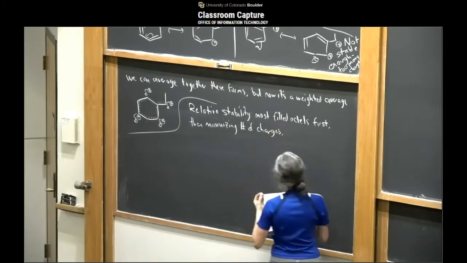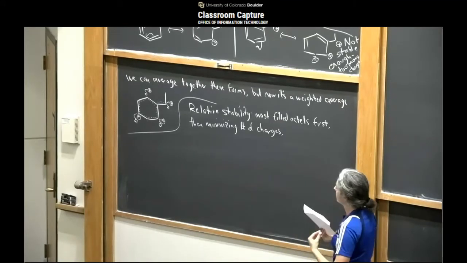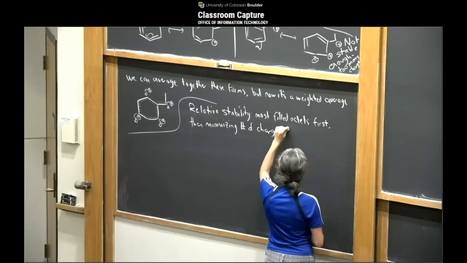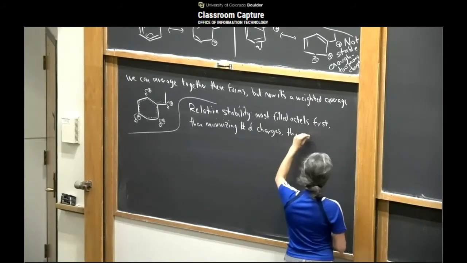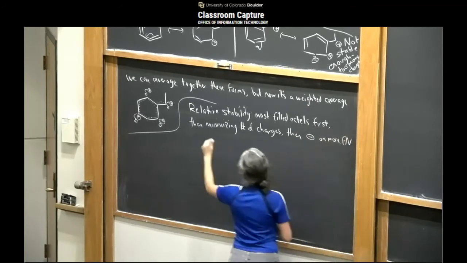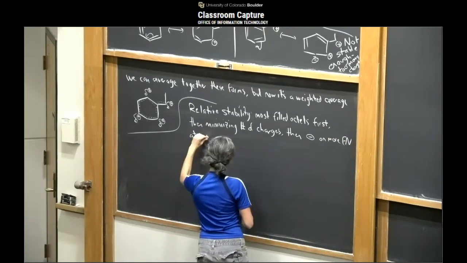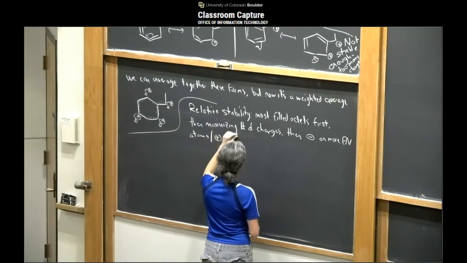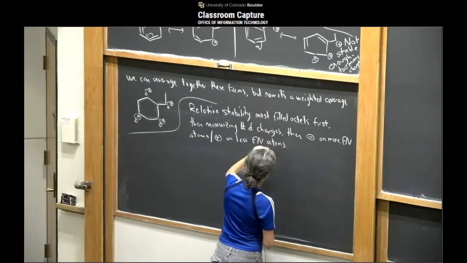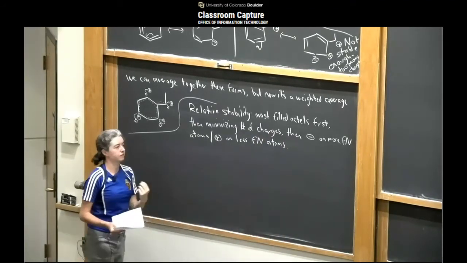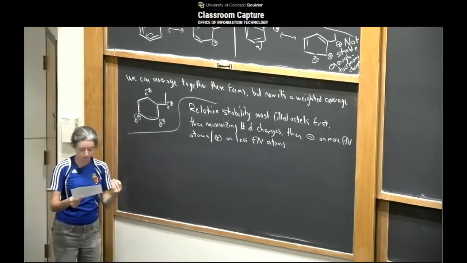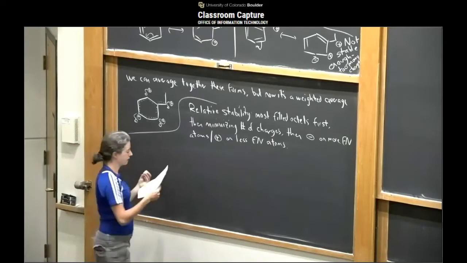And then if that is still equal between forms, then you want to put negative charges on more electronegative atoms and vice versa, or positive charges on less electronegative atoms. Okay, so I've got three different things, but we want to prioritize octets over charges.